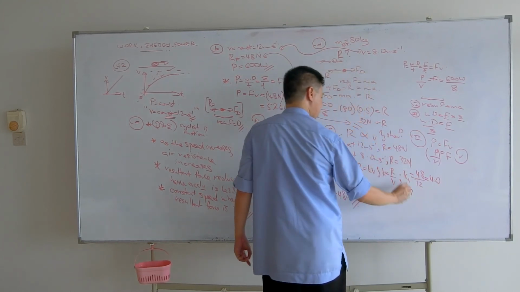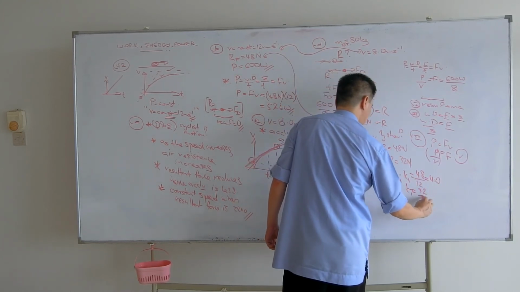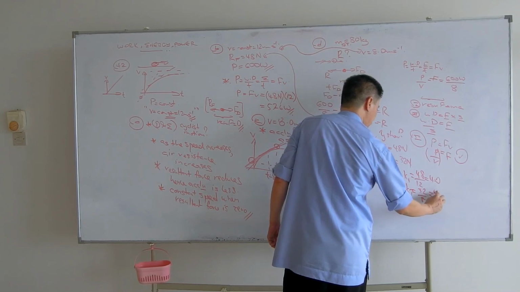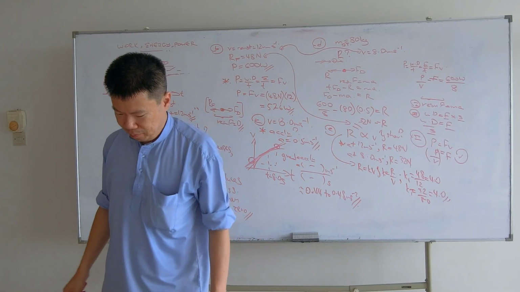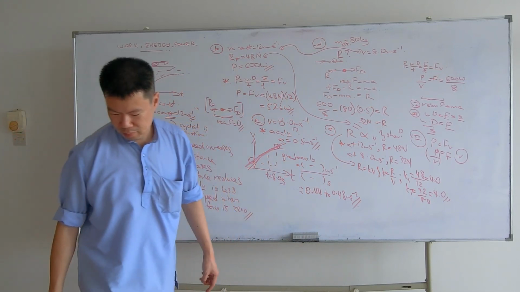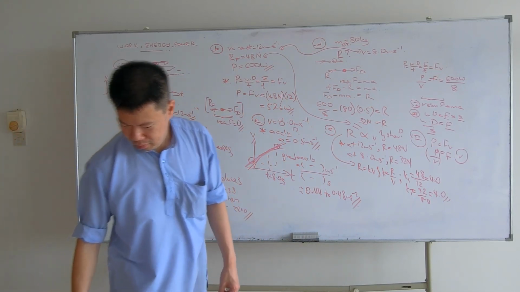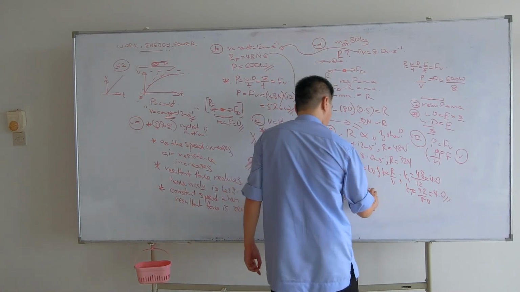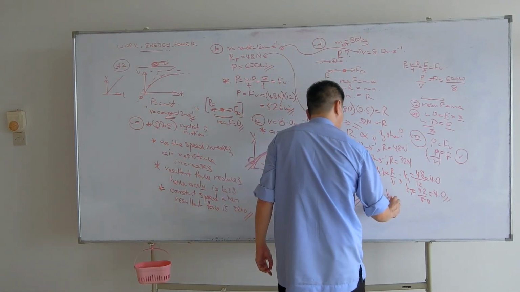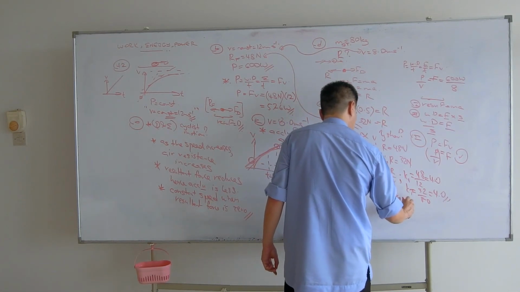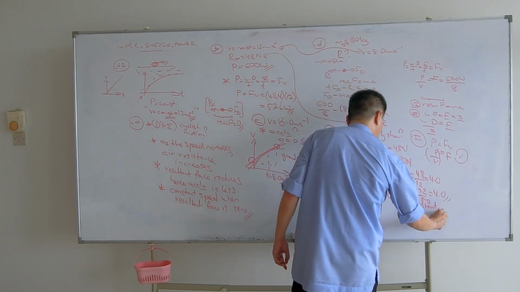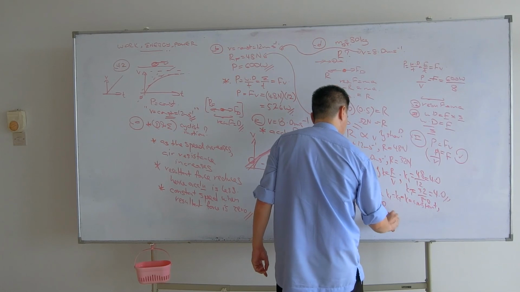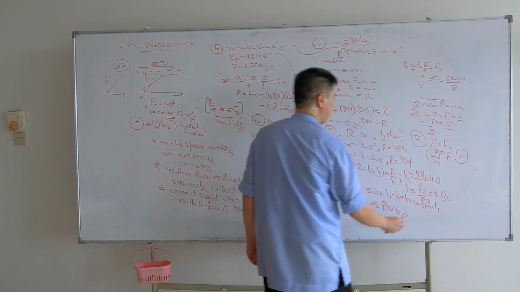K2, which is 32 divided by 8, is equal to 4.0. Since K1 is equal to K2 equal to K equal to constant, therefore R is proportional to V.